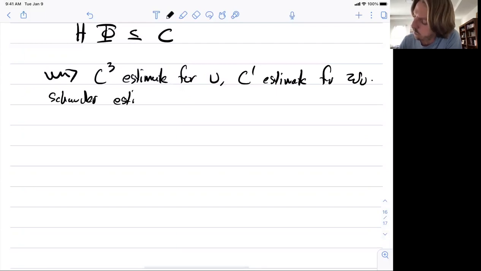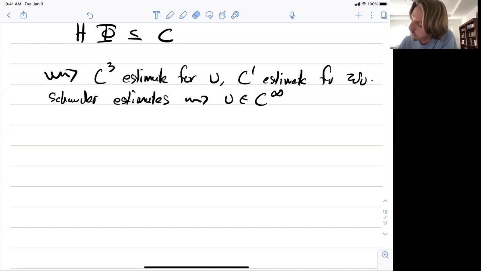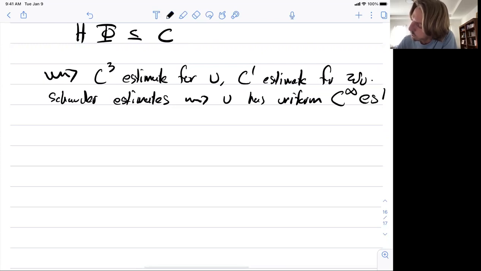By now we can think of the equation for u as parabolic with C alpha coefficients. So Schauder estimates give that u has uniform C infinity estimates. So you can indeed get the global existence.